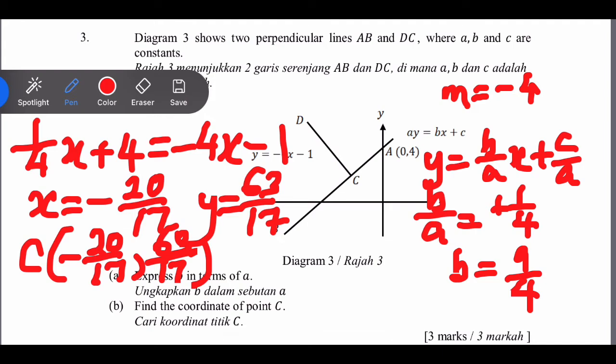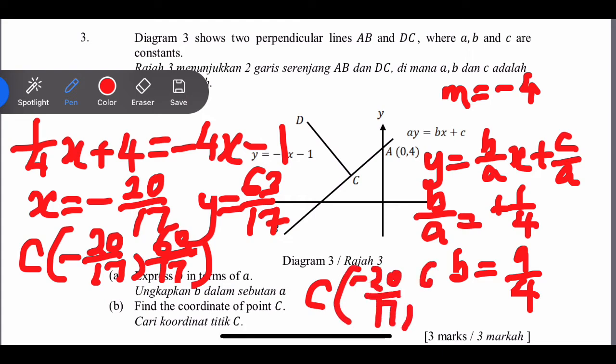Alright, so this is coordinate geometry. The concepts they test you on are perpendicular and also the point of intersection. Remember, when you see two lines intersect, please use the concept of simultaneous equations. Substitute one into the other to solve for x and then solve for y. Okay, understand?